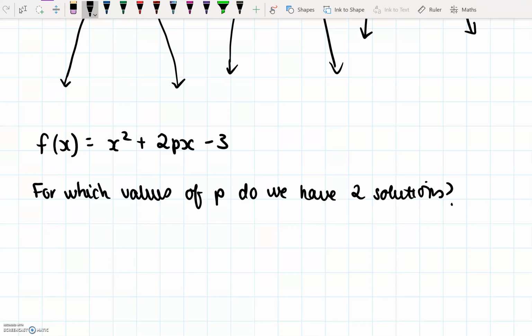If there are two solutions, that means that the parabola crosses the x-axis.